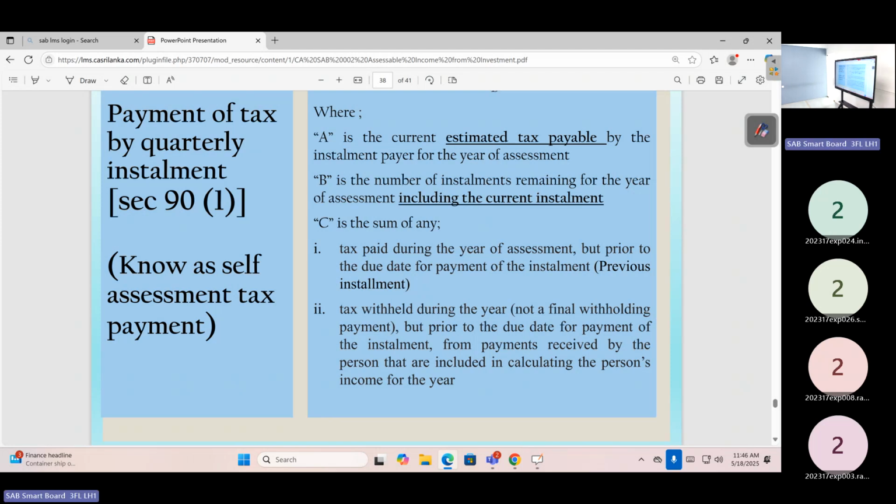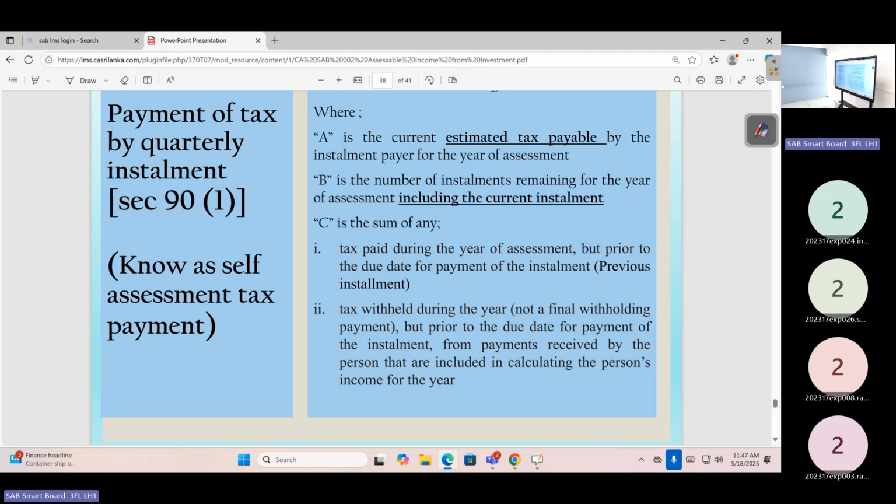That is before the due date of the taxpayer's assessment. So why is it there? As I mentioned, nobody can stop the government from getting its revenue. If the commissioner general feels that somebody is not paying tax, say in case of an individual who is going to migrate, then there should be a provision to collect that tax.